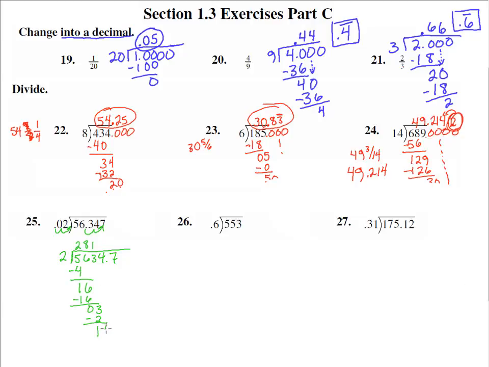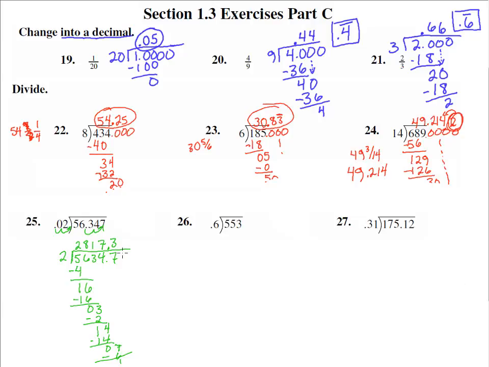Bring down the 4. 2 goes into 14 7 times. So 7 times 2 is 14. Subtract, we get a 0. Bring down the 7. 2 goes into 7 3 times. 3 times 2 is 6. Subtract, and we get a 1.